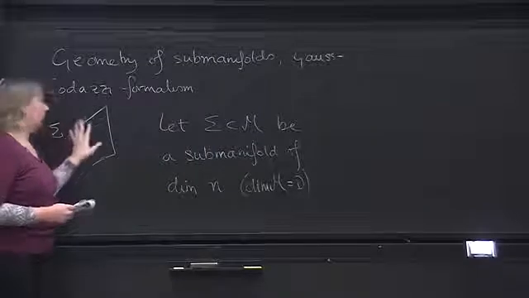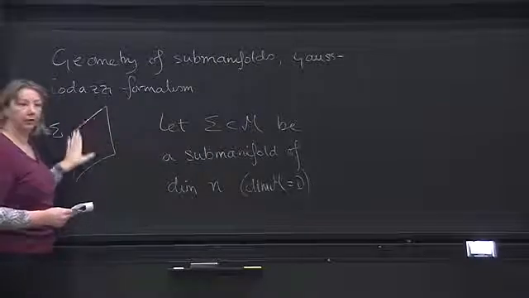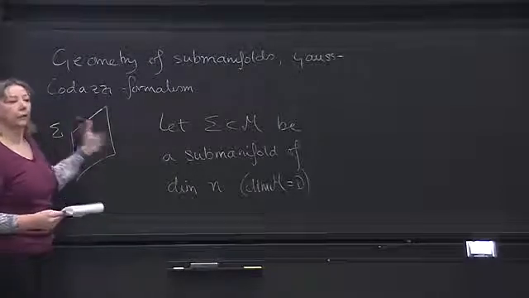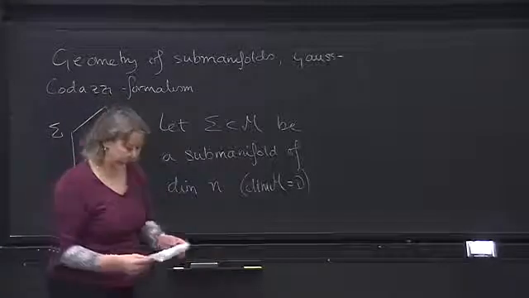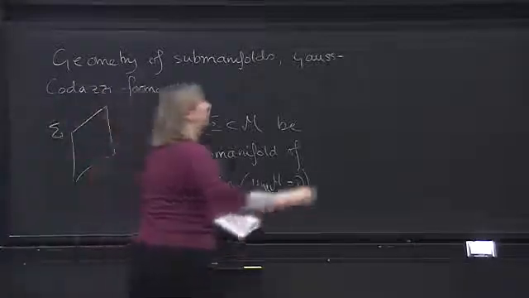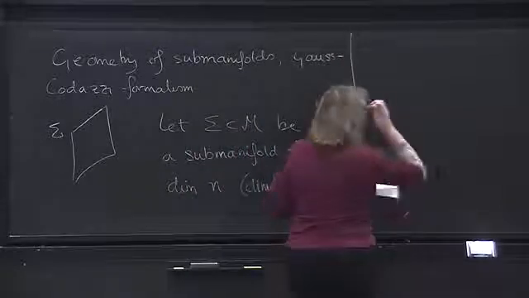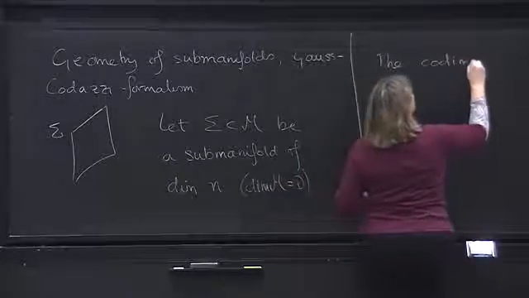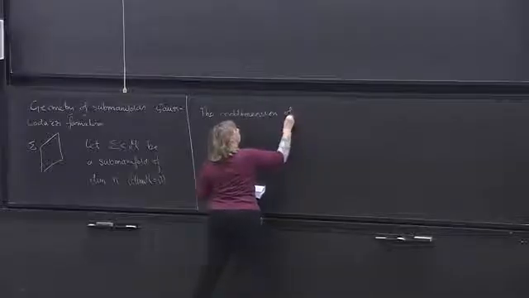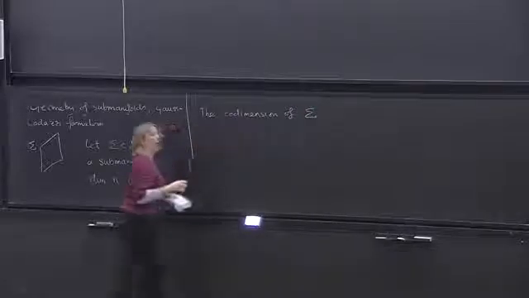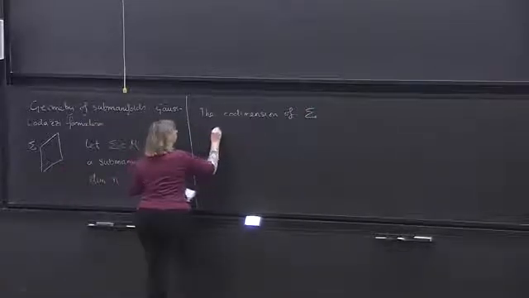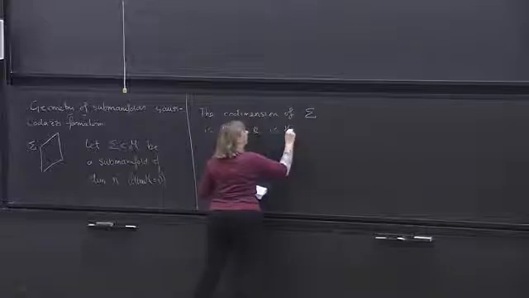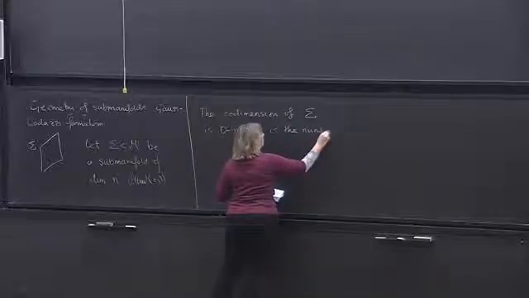You can take a local chart from M and just look at its effect on sigma, and it's simply saying that what you get is a C-infinity manifold in the sense that we are used to. So we just need to introduce some terminology. The codimension of sigma is D minus n, and is the number of normals, essentially.